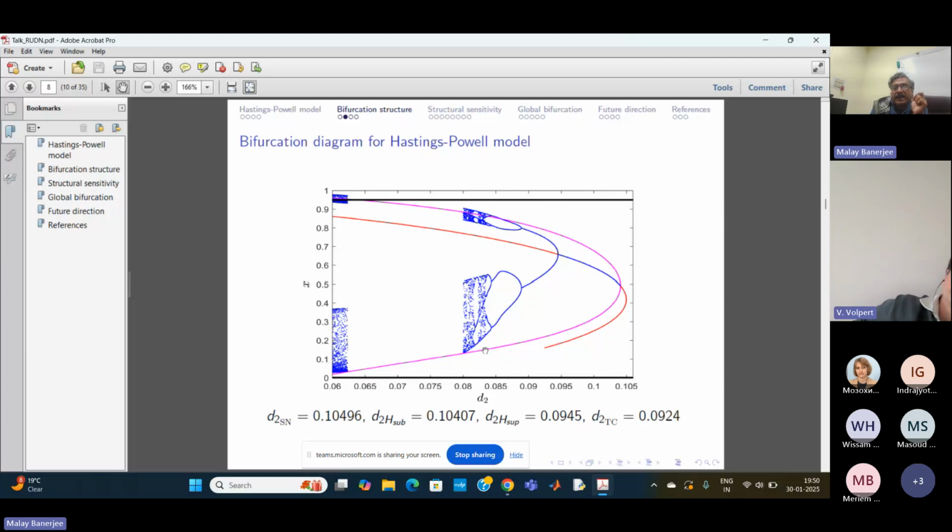So this bifurcation diagram is prepared with an increment of this parameter value D2 of 0.001. In order to clearly visualize and identify all those successive period doublings before reaching chaos, we need to construct the bifurcation diagram with an increment of D2 of at least 10 to the power minus 6.